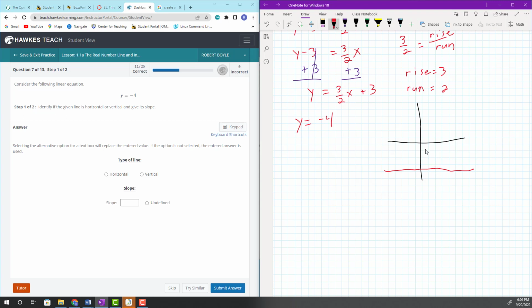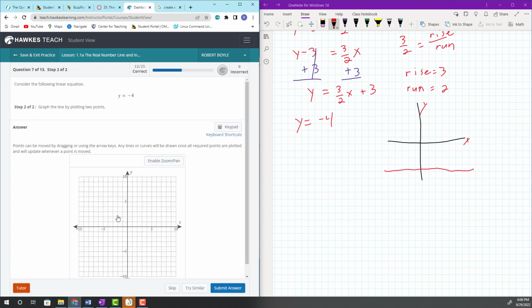That is what y is going to be. So essentially, it is going to be a horizontal line. No matter what x is, y will be -4. So whenever you see y is equal to -4, you think horizontal. If it's horizontal, then the slope is 0.